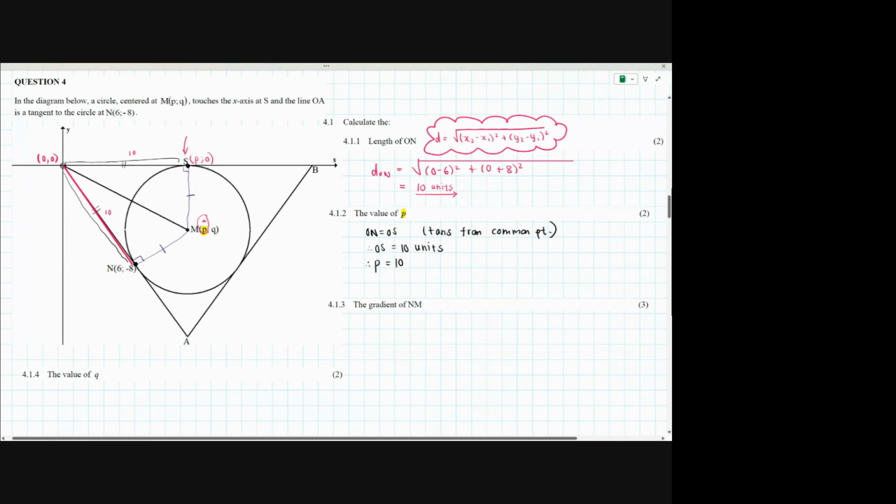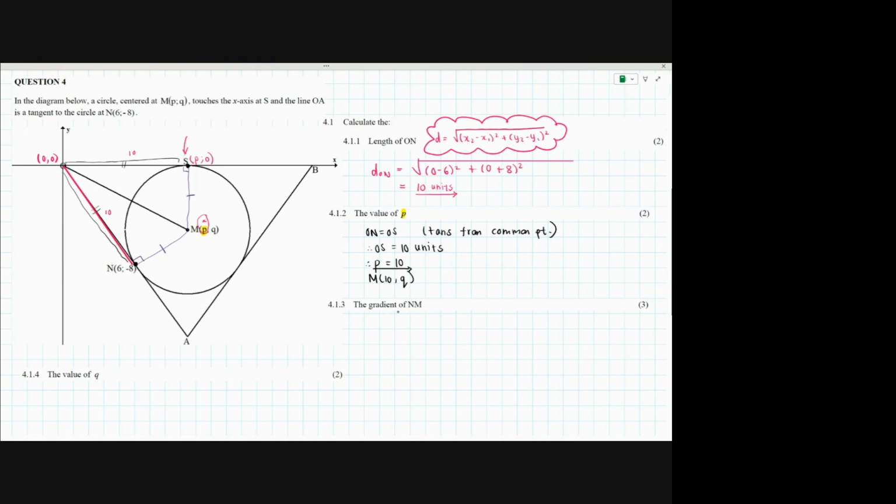It's on my positive x-axis, so it's 10 units to the right of my origin. And so immediately I know that M is at 10 and some Q value. So I know what P is. I have that information. That's it. All right. So using the information you've been given and what you've worked out, we need to use everything in conjunction.